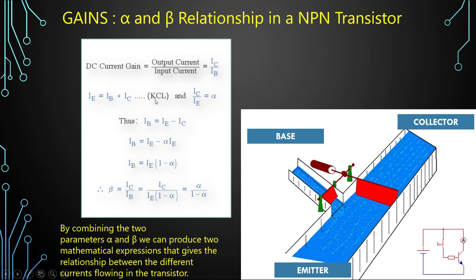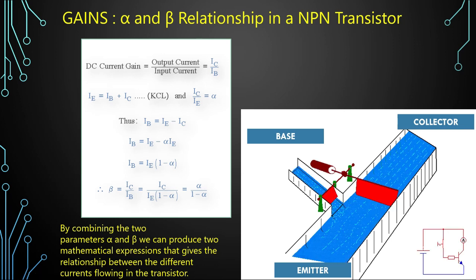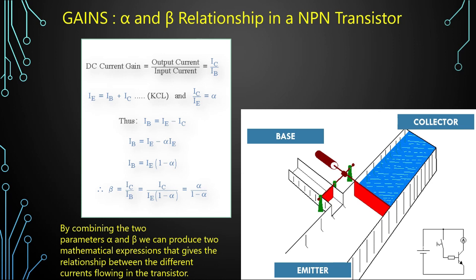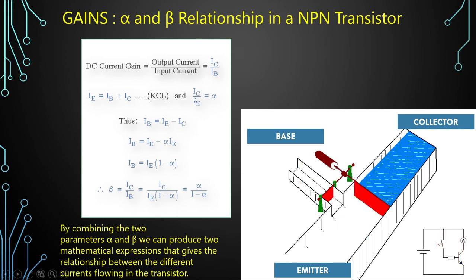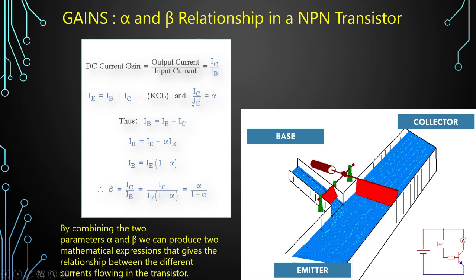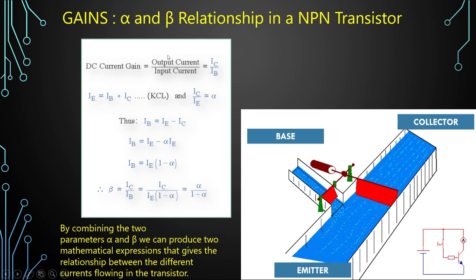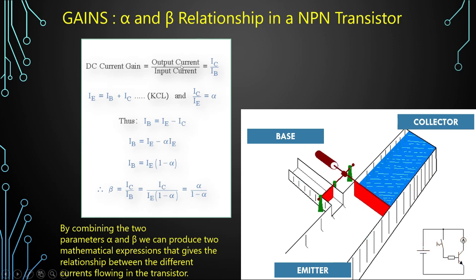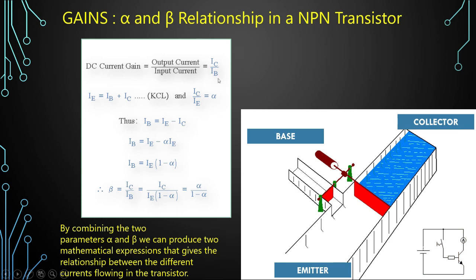Now, what is my gain? Gain is always calculated as the output current by the input current. If IC is my output current and IE is the input, then the ratio is the output current by the input current. Here we have IC by IE, if it is common base.